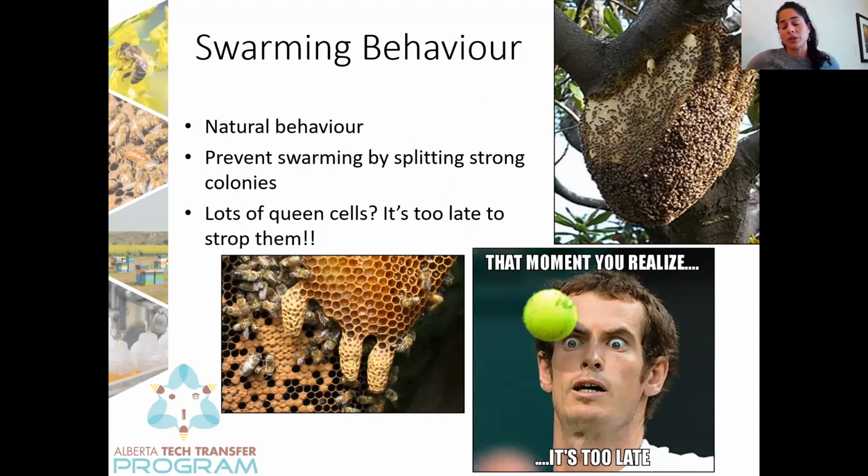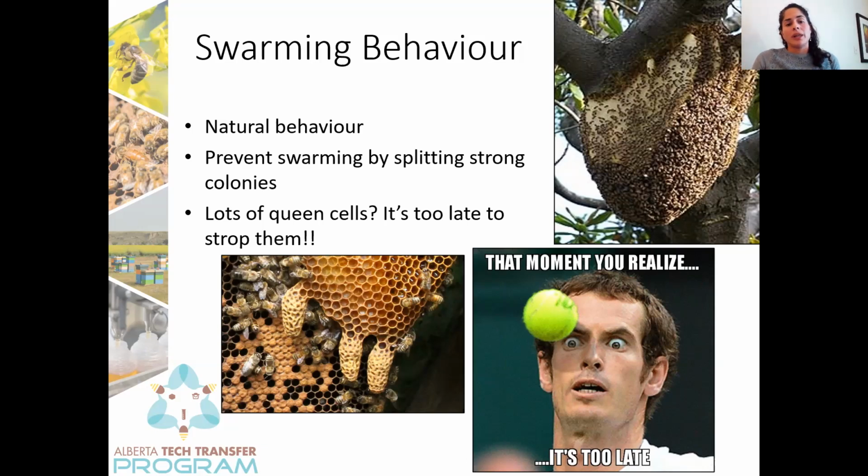You're not going to stop them if they have already started that swarming behavior. Just removing queen cells is not going to stop them. That's too late. You have to work ahead of them and prevent them from starting that swarming behavior.